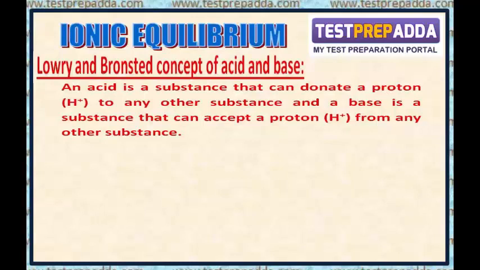For example, if I take NH3 and HCl, now HCl donates its H plus, that is proton, to NH3, and NH3 accepts that H plus, and that is why we get NH4 plus here and Cl minus.